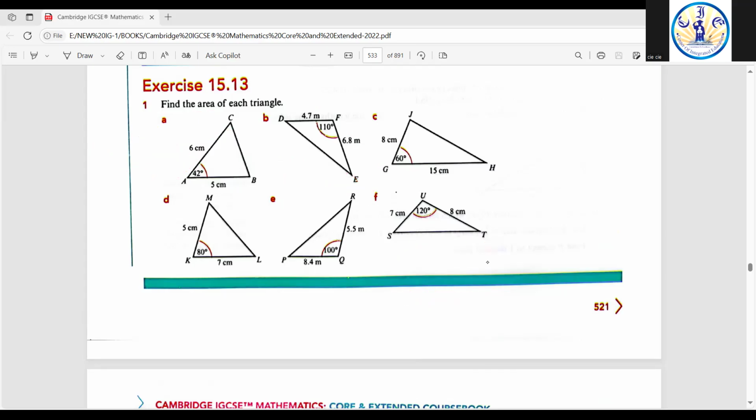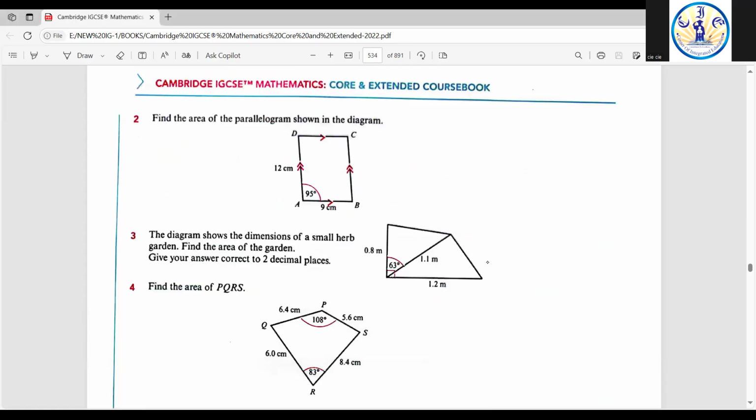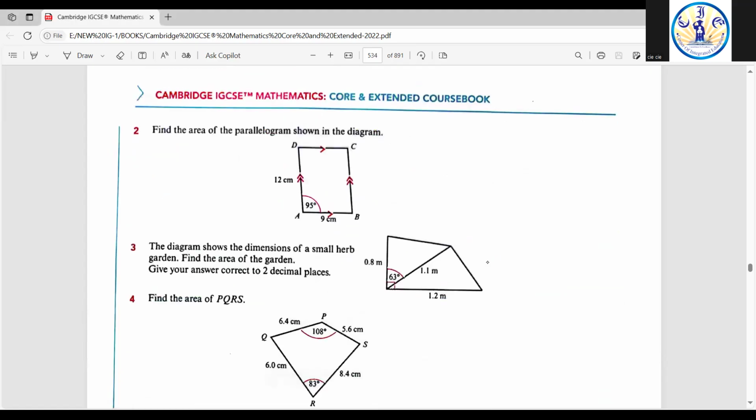Okay, then this is question number 2. Find the area of the parallelogram shown in the diagram. Now, if this is the parallelogram shown in the diagram, we can consider it as a combination of two triangles such a way that this angle is 95. So angle is bisected.